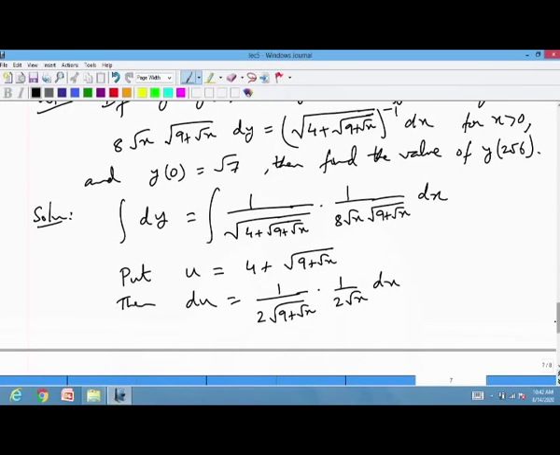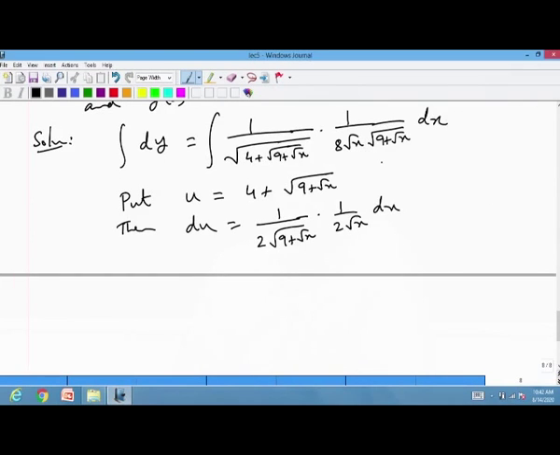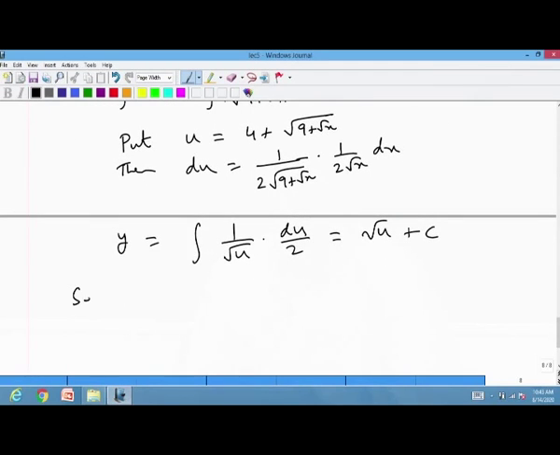So, we get du equal to this. Now integrating this we get y is equal to the integral of 1 by square root of u times du by 2, and this is equal to square root of u plus c. So, y is equal to, putting again u equal to this, 4 plus square root of 9 plus root x plus c.